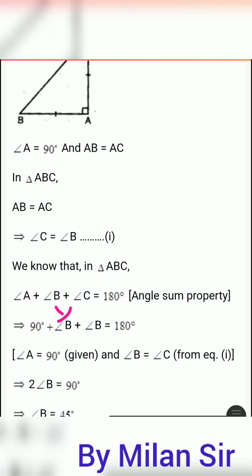Angle B as it is, and in place of angle C, we can write angle B, is equal to 180 degrees.